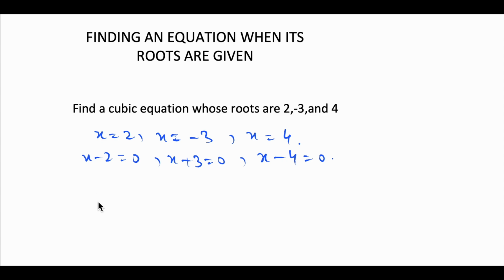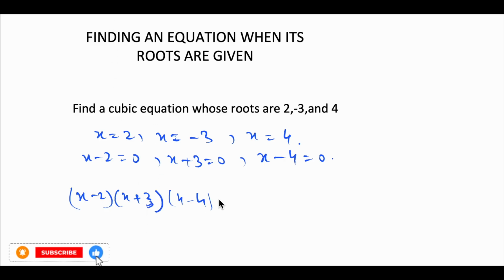I can multiply all these together, x minus 2 into x plus 3 into x minus 4 must be equal to 0.